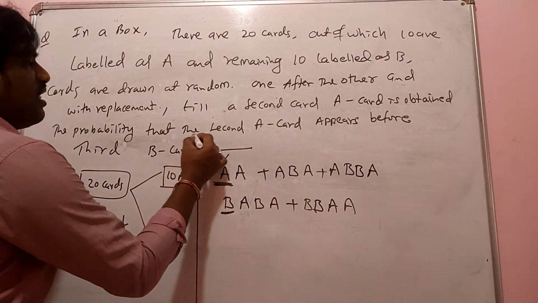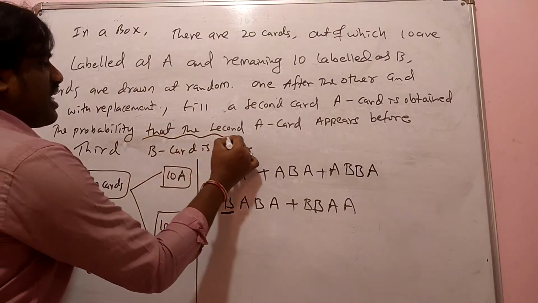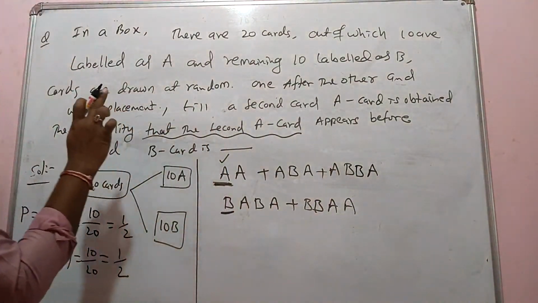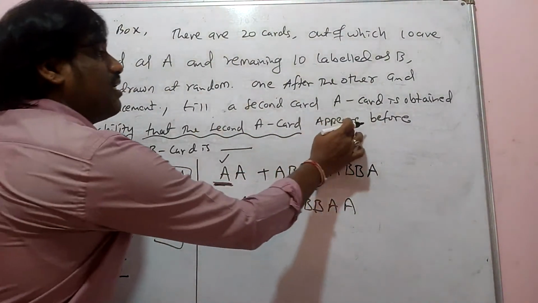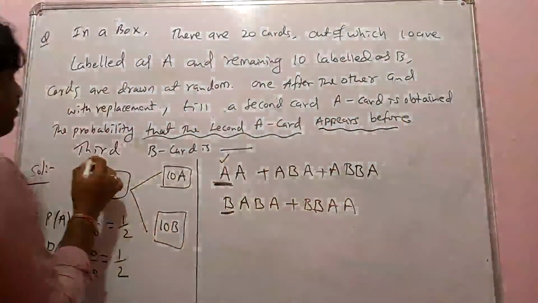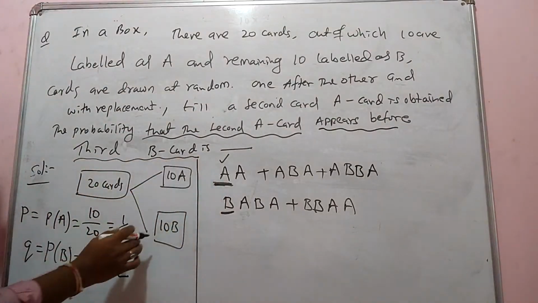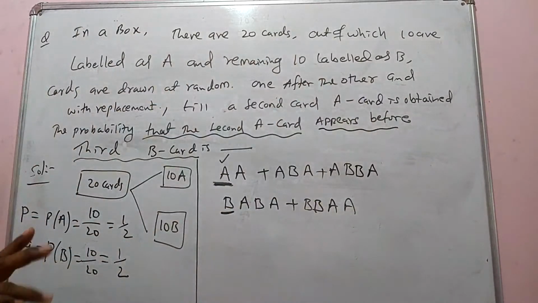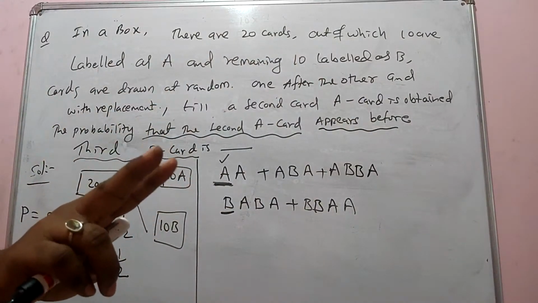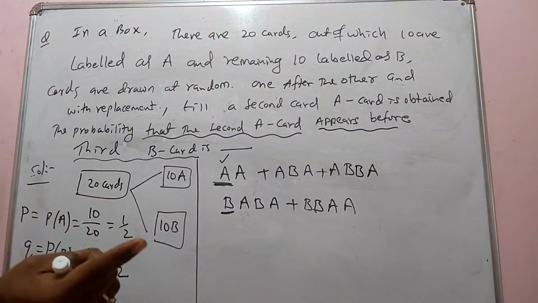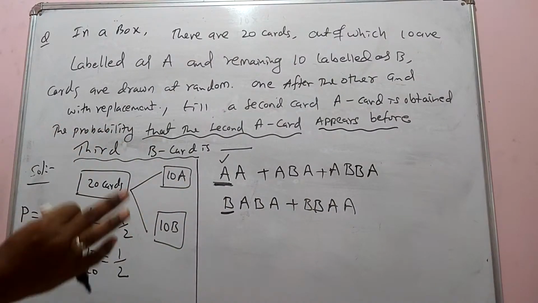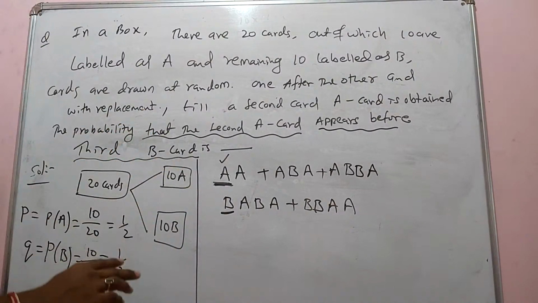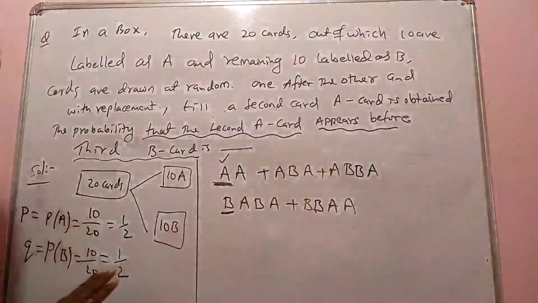Underline this: the probability that the second card A appears before the third B card means I should not get B more than 2 times. B I have to get 2 times only, and A should get 2 times. So these are the only possibilities.